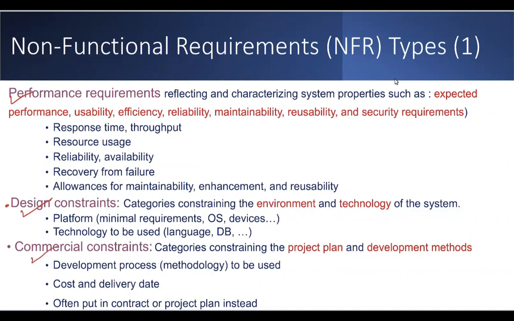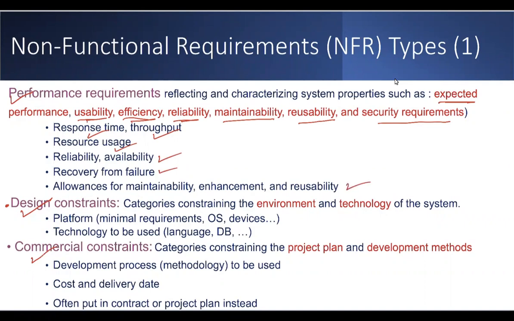Performance requirements are those used to reflect and characterize the system properties, including expected performance, usability, efficiency, reliability, maintainability, reusability, and even security requirements. Examples, which I will define later, include response time, throughput, resource usage, reliability, availability, recovery from failure, and also allowances for maintainability, enhancement, and reusability.